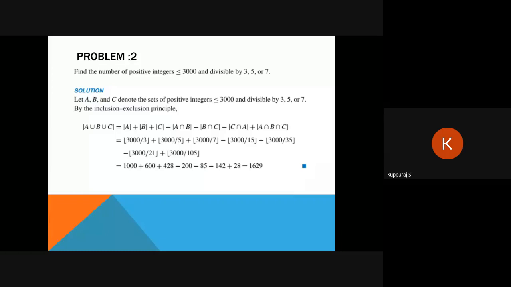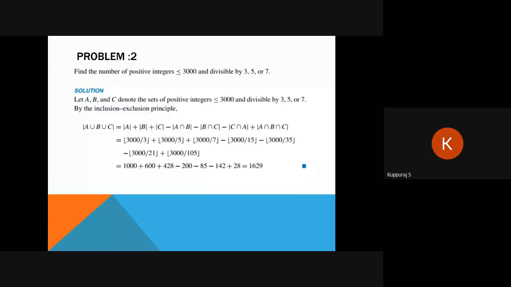The formula is modulus of A plus modulus of B plus modulus of C minus modulus of A intersection B minus modulus of B intersection C minus modulus of A intersection C, plus modulus of A intersection B intersection C. First write the values, then I will give you a technique to quickly solve this problem.